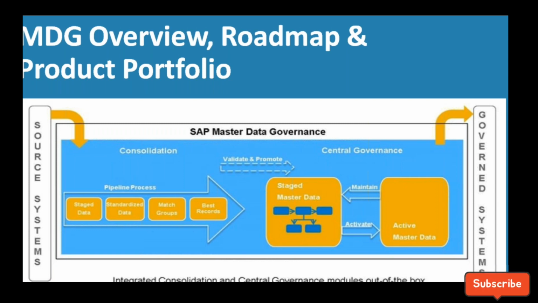Now this slide is talking about the MDG roadmap, how MDG has a complete roadmap. Here you can see the source system. MDG receives the data from different source systems, like different reference data: classification, characteristics, company code, purchase or payment terms, unit of measure, material group.